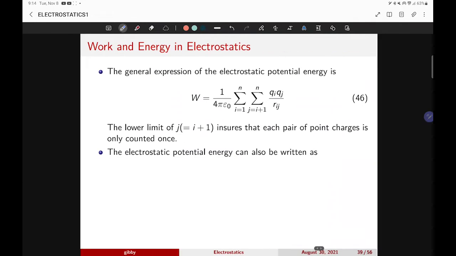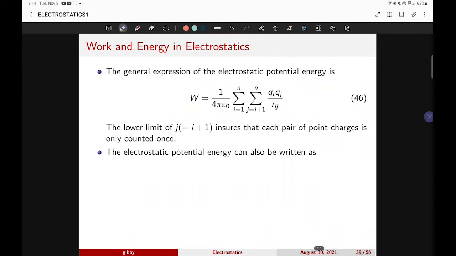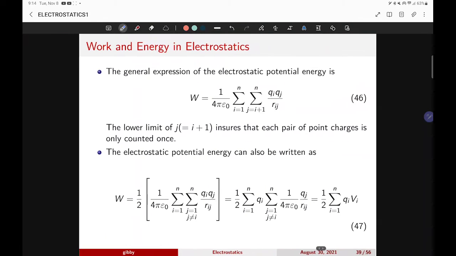Okay? So the electrostatic potential energy can also be written, para ma-simplify na siya, by this expression. So pareha na siya. So take a look at this one. Instead na magsugod og i plus 1, nagsugod siya diri i equals 1, where i should not be equal to j. Okay? Or, pwede siya, we have this one, i-simplify na siya, i-rearrange.